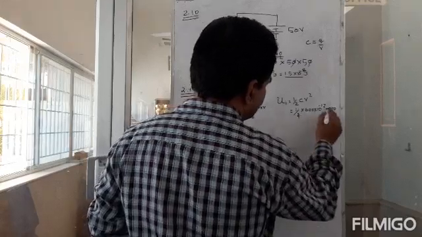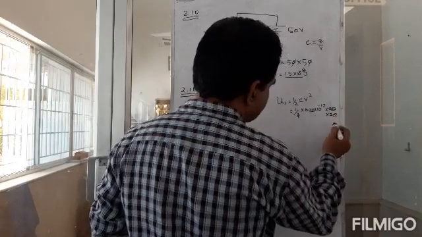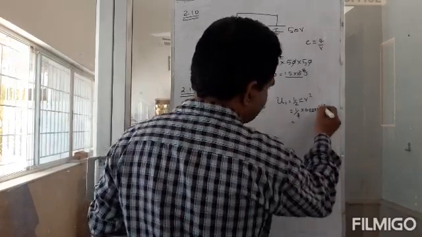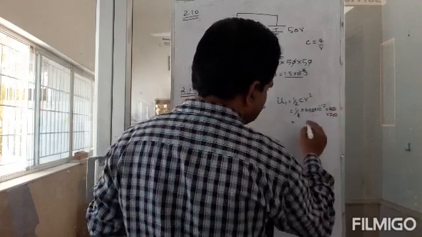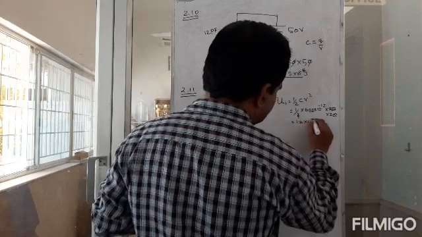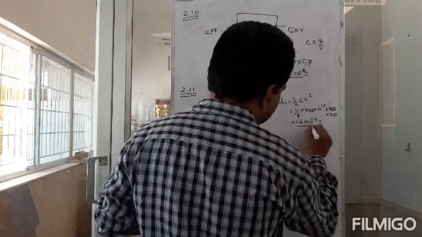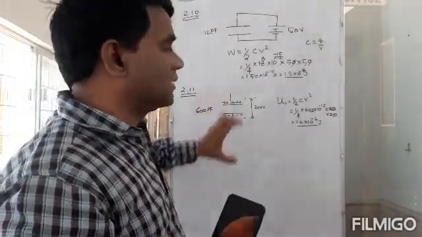Very simply, you can remove these: there are 2 zeros here, 2 zeros here, 2 zeros here, 6 zeros. So I'll get 10 power minus 12 into 10 power 6, so 10 power minus 6, and then 6 into 2, 12 into 10 power minus 6 joules. This is the initial amount of energy stored in this capacitor.